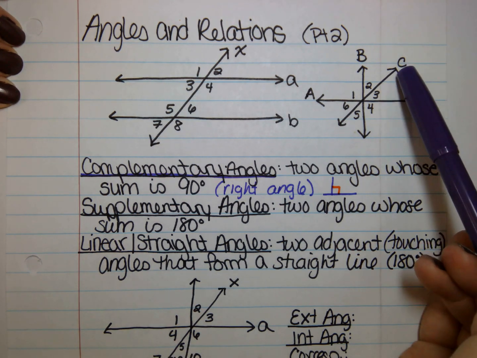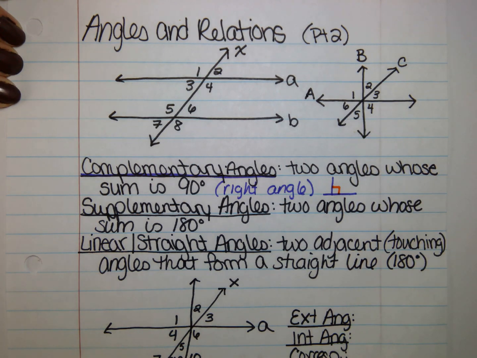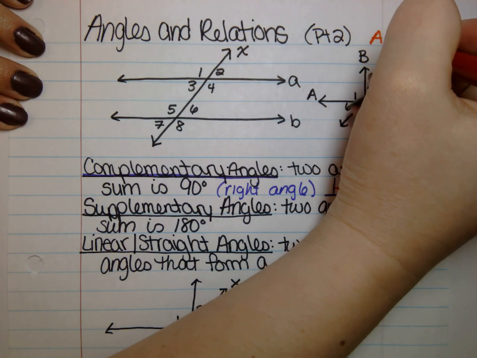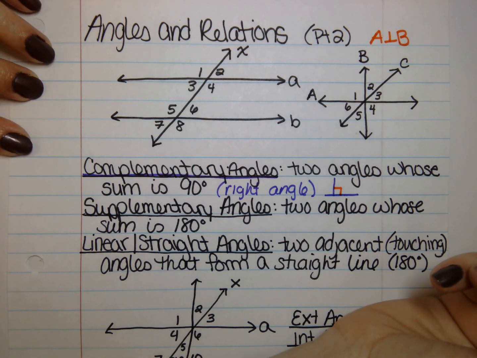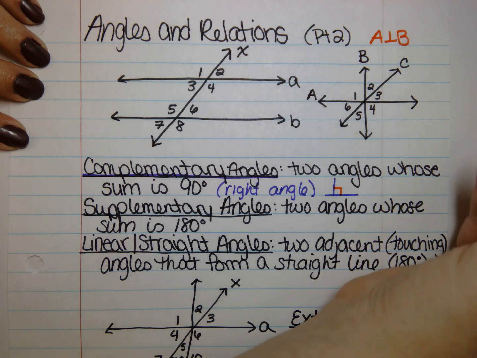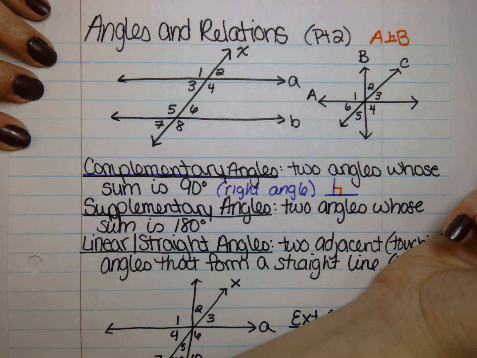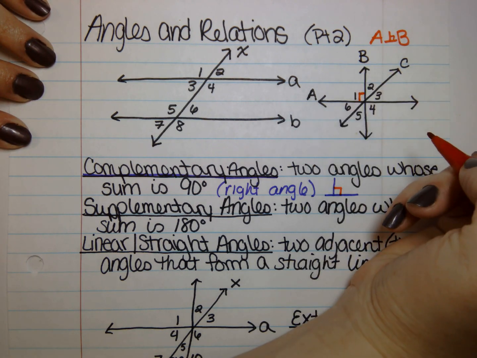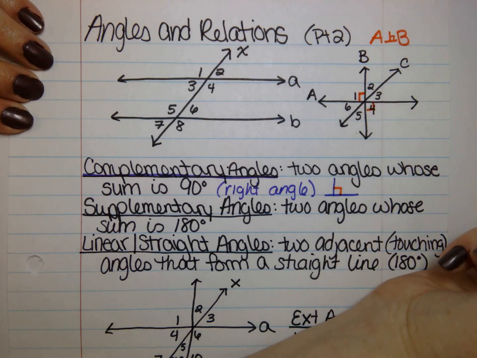And I have this transversal, or intersecting line, of line C. So A is perpendicular to B. Our symbol for perpendicular is an upside down capital T, because again, it forms that 90-degree angle. So if I know that A and B are perpendicular, that means angle 1 has to be 90 degrees. Angle 4 would also have to be 90 degrees.